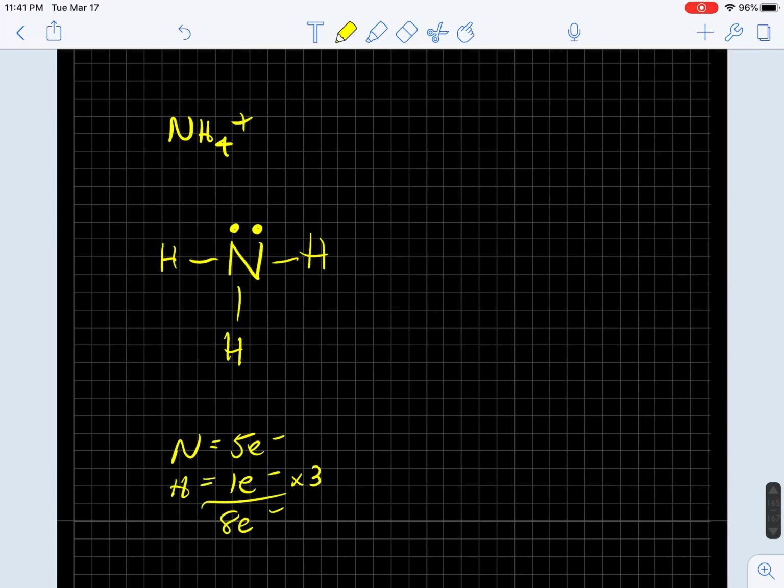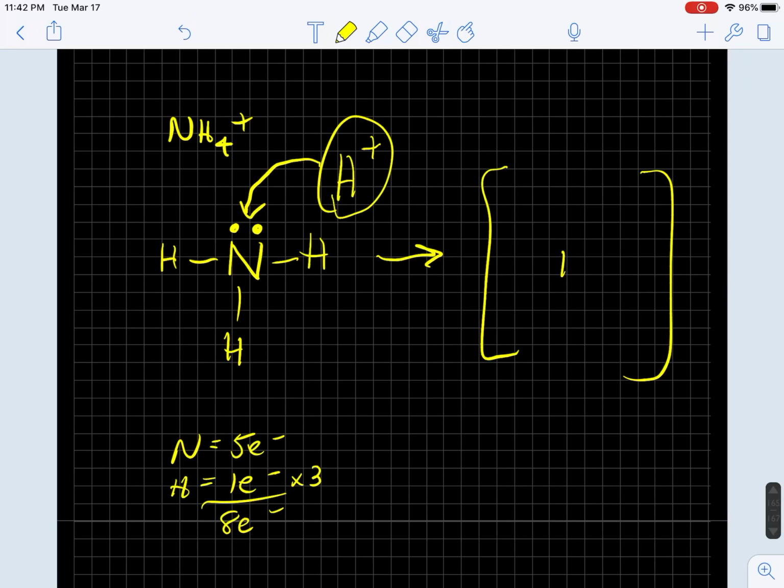However, in a water environment, you have a lot of H plus and OH minus ions floating around. And those H plus ions will become attracted to this unshared pair. And when that happens, what you get is this polyatomic ion, and they draw it with brackets for Lewis structures, and they put the nitrogen in the middle and the 4 hydrogens, and what they do is they put the charge outside the brackets.